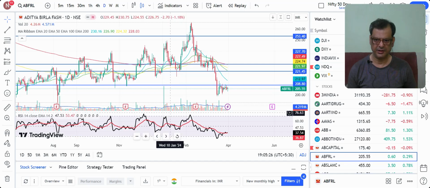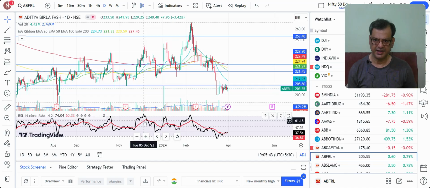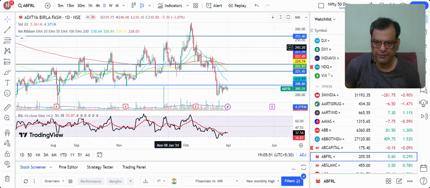Now, if you see here, let me show you something. Can you see here? RSI has made a high on the basis of this price point. Then price has made a higher high, although it's a green candle followed by a red candle.